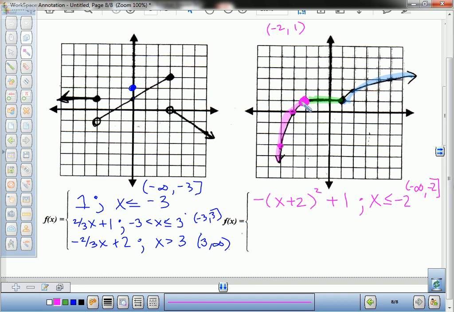See, because I chose to include that point with the parabola, I will not include it with this little line segment. Now, this is the horizontal line. The y value on that horizontal line is 1. Now, this goes from an x value of negative 2, but I don't get to include it, to an x value of positive 1.